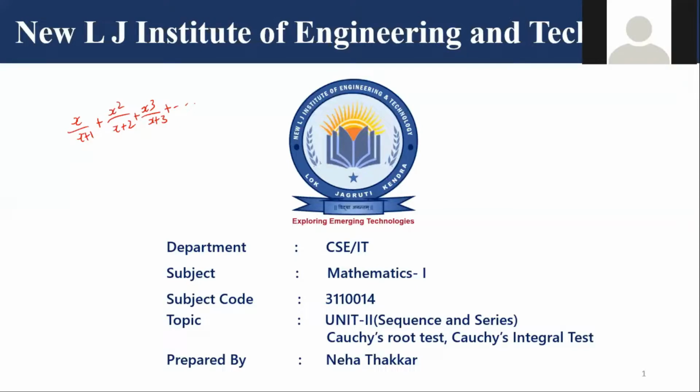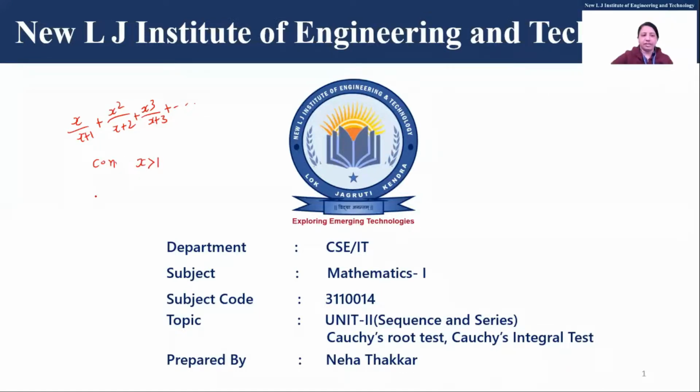It is convergent for x smaller than 1 and divergent for x greater than or equal to 1. It is convergent for x smaller than 1, and divergent if x is greater than or equal to 1.